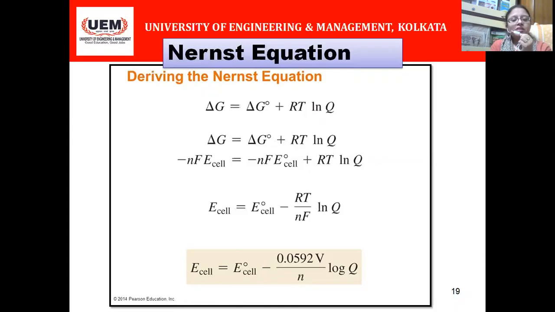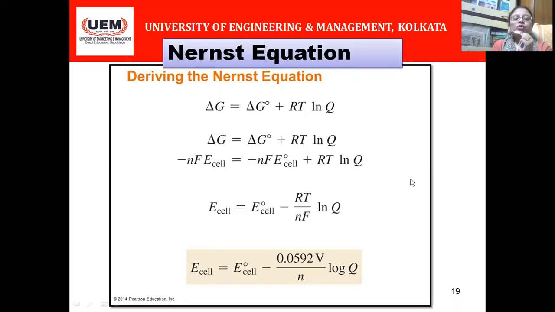So if these 3 conditions are maintained, that is pressure, temperature and concentration, then the electrode potential you measure will be called standard electrode potential. But if any parameter is not standard, like pressure is not at 1 atmosphere, concentration is not at 1 molar, or temperature is not at 25 degrees centigrade, then that electrode potential will be called simple electrode potential.